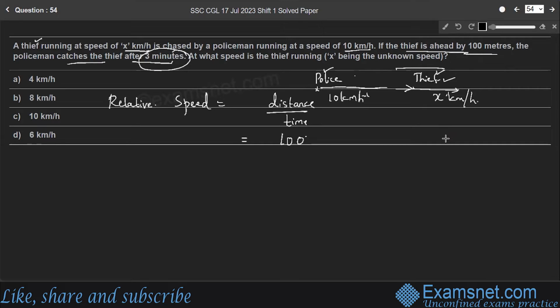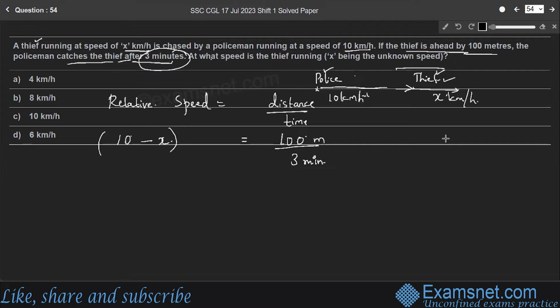Policeman catches the thief after 3 minutes. Therefore, 100 meters by 3 minutes gives this relative speed. Since policeman is moving with more speed, because he is going to catch the thief, therefore 10 minus x, speed of policeman minus speed of the thief, gives 100 meter by 3 minutes.